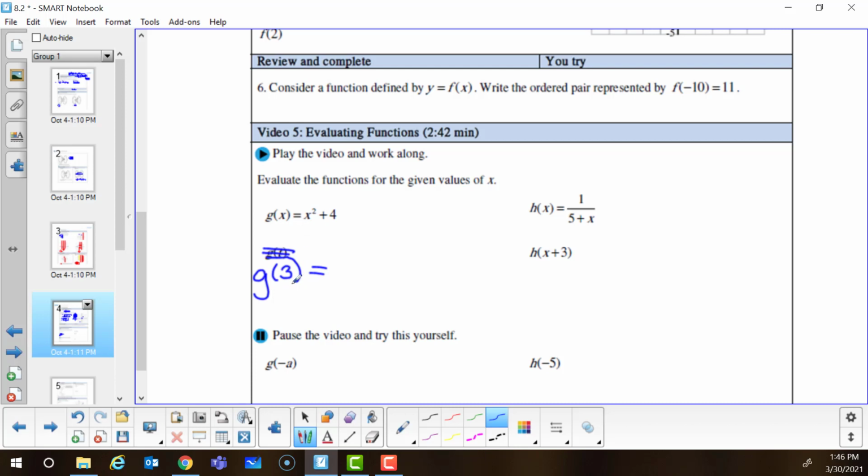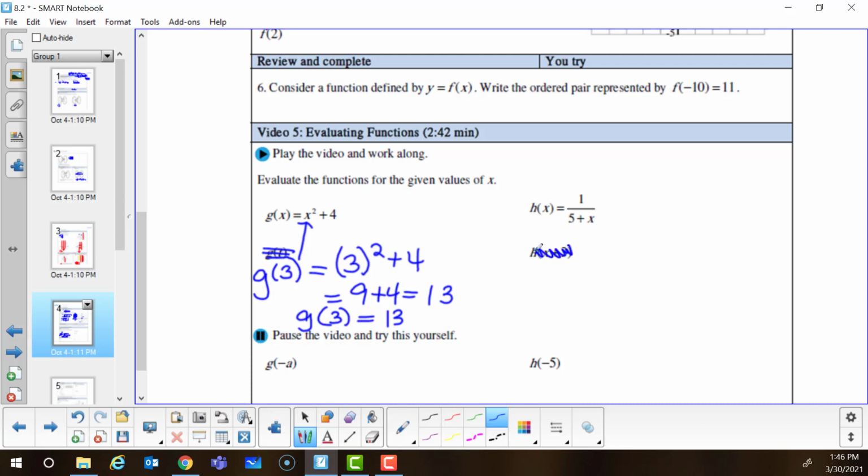So I want to find g of 3 for this g of x function. That means I'm going to put a 3 in there for the x. So that's going to be 3 squared plus 4. 9 plus 4 would be 13. So g of 3 equals 13. I put in a 3, I got out a 13.